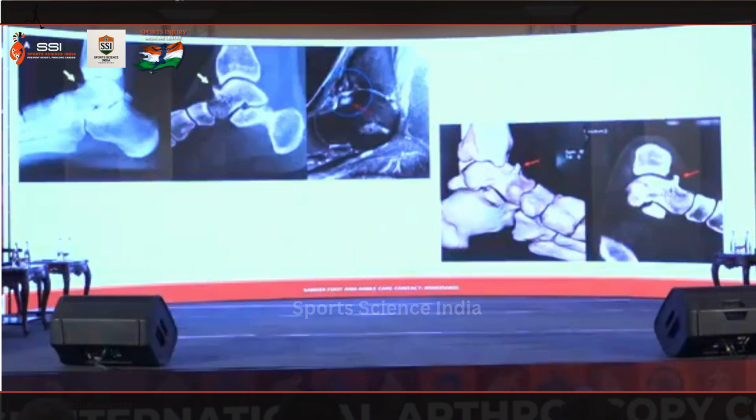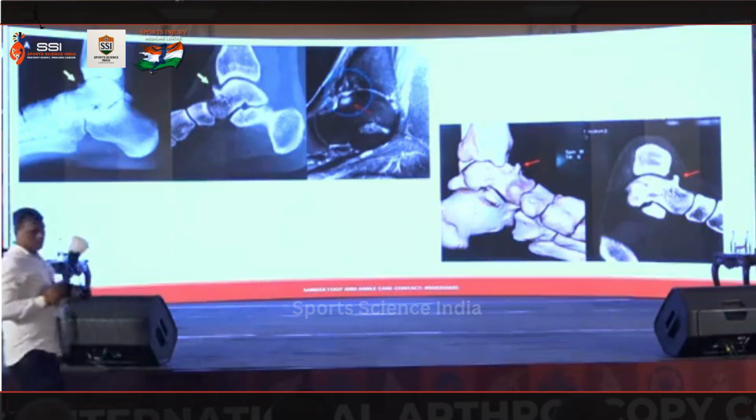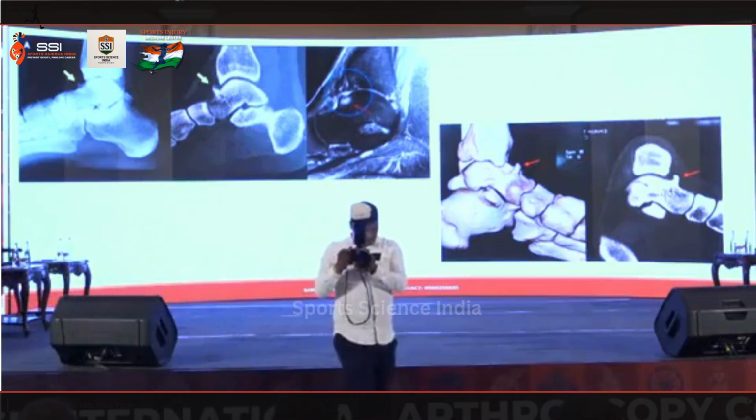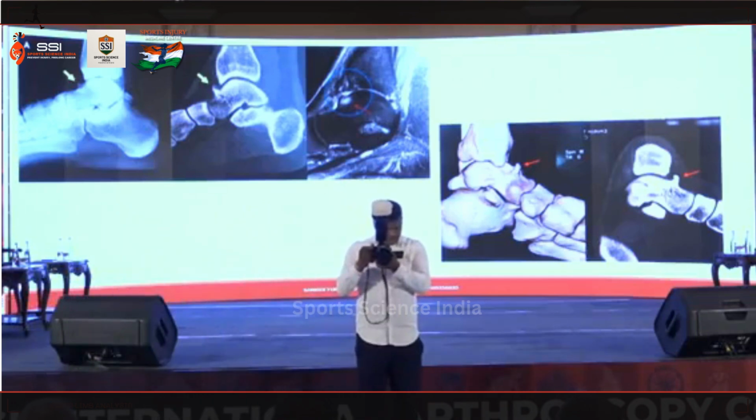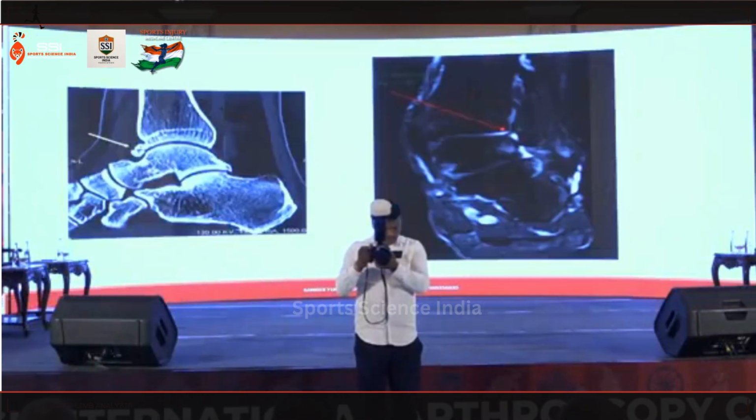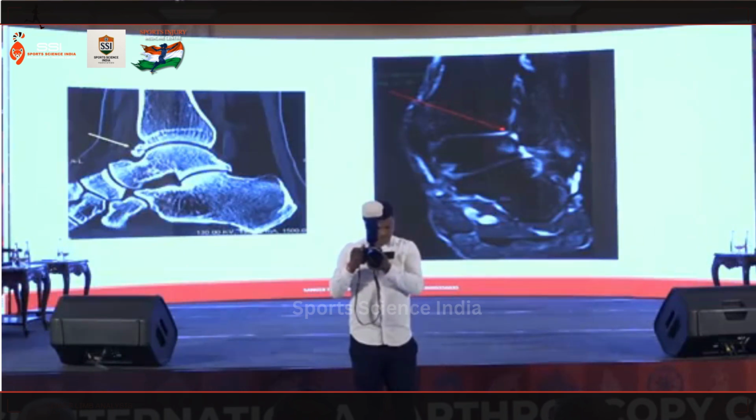Of course, we have CT scan and MRI. These are CT scan pictures where you can see the dorsal talar spur. In the MRI, you will be able to see the bony edema. MRI will also help you find any cartilage injuries, any soft tissue lesions, and of course your ATFL-CFL ligaments.